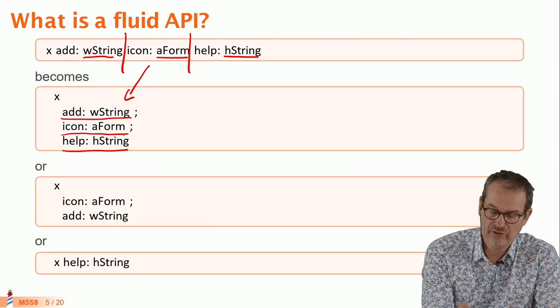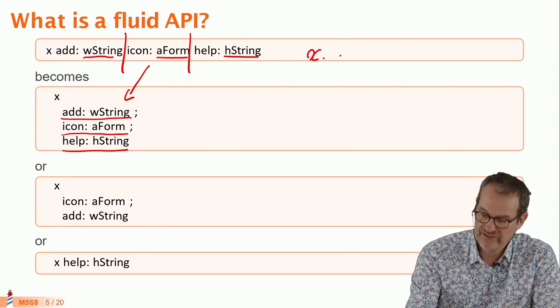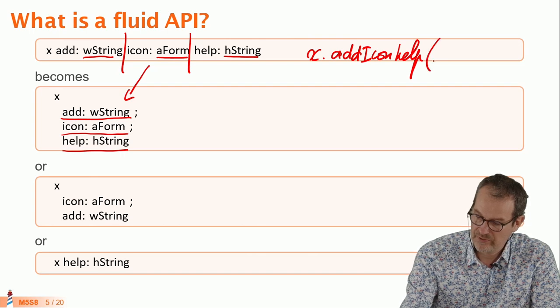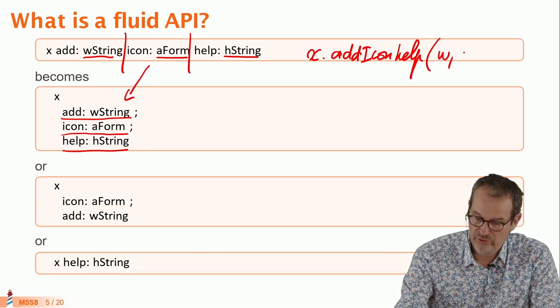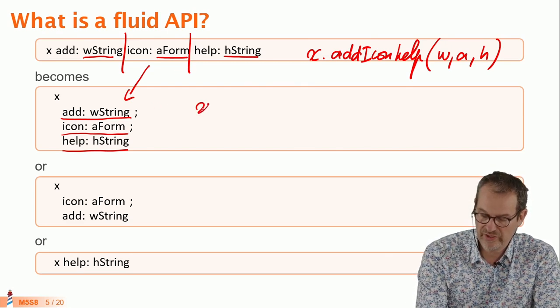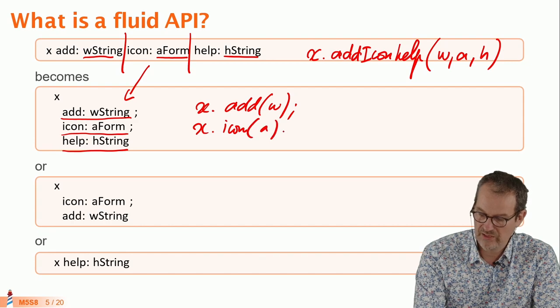Instead of having the method add, icon, help, and by the way, in the Java syntax, this method is add, icon, help, we will just say, okay, we just want to have x dot add W, x dot icon A.